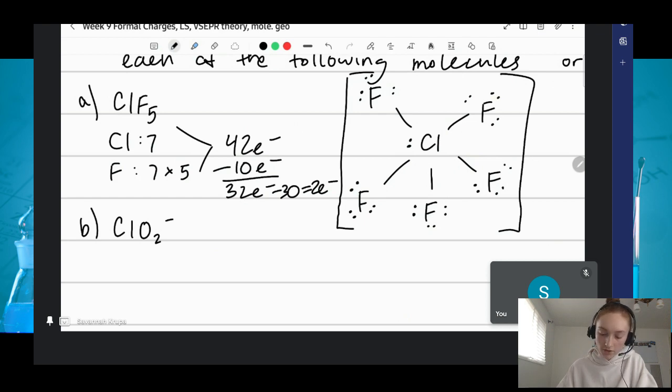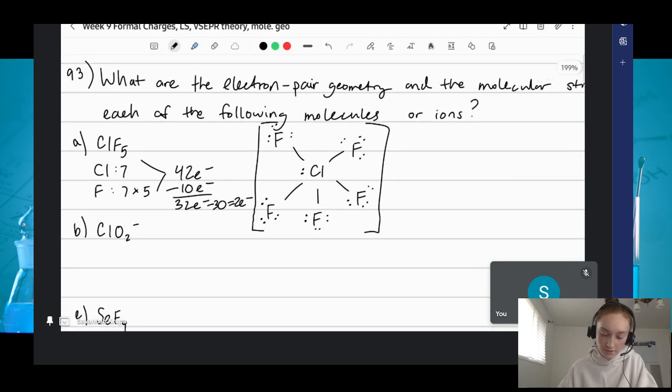So that's what this one will look like, its structure. Awesome. And so this question is not only asking for the Lewis structure, what it's asking for is the electron pair geometry. So just by looking at this, when you're figuring out the electron pair geometry, you want to look at how many bonds it's connected to and how many lone pairs that it's connected to from the base one.